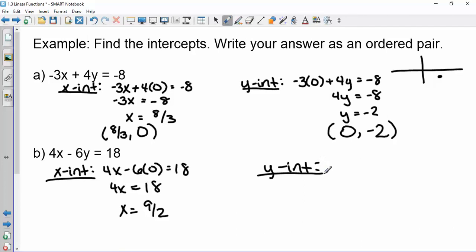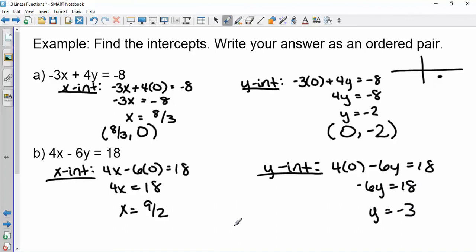Y-intercept, plug in 0 for the x. So we have -6y equals 18, so y is -3. So my x-intercept is (9/2, 0). Y-intercept is (0, -3). Is this okay? All right.